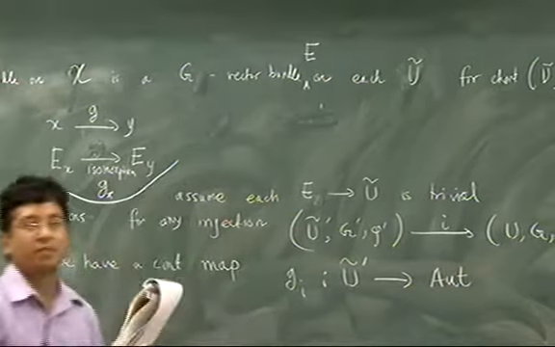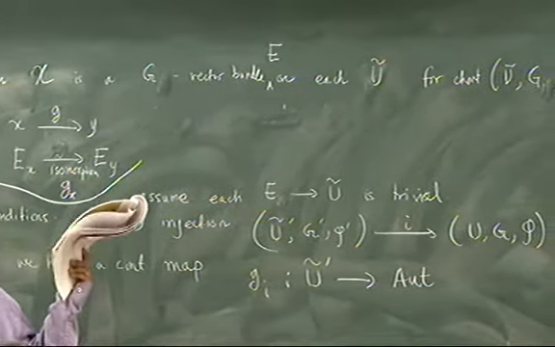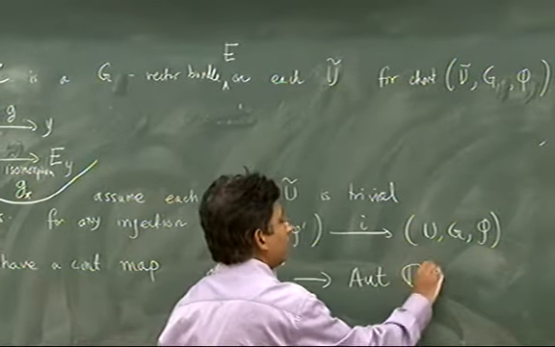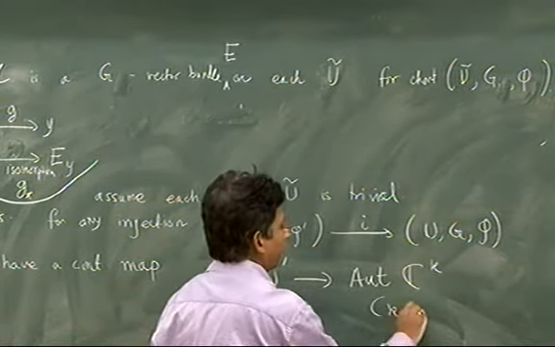Let us say that these vector bundles are complex, or it doesn't matter, or R^k, with k equal to the rank.